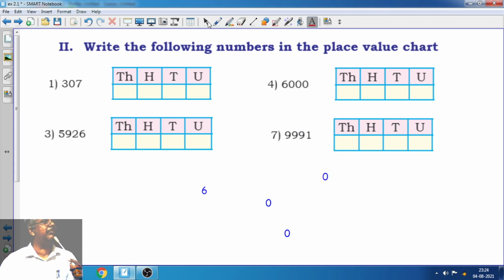Let me place them in a proper place. So where shall I put this? See, 6 I have here in 1000th place, 0 in 100th place, and then a 0 here in the 10th place, and naturally the third 0 in units place. Try to grab these numbers and fix them into this table and your exercise will get over.